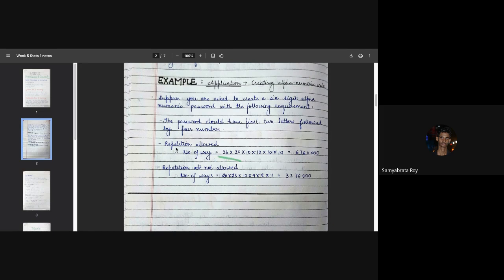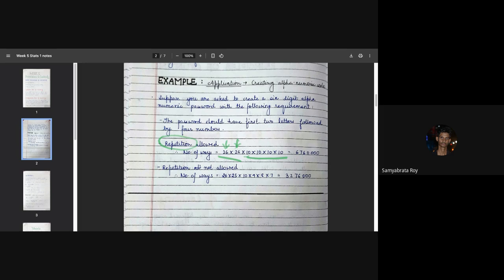In this scenario, if the first place is containing one letter, I have 26 letters, and if I am allowing the repetition, then the second place also has a choice of 26 different letters. Similarly, for the numbers, we have 10 choices for each place.